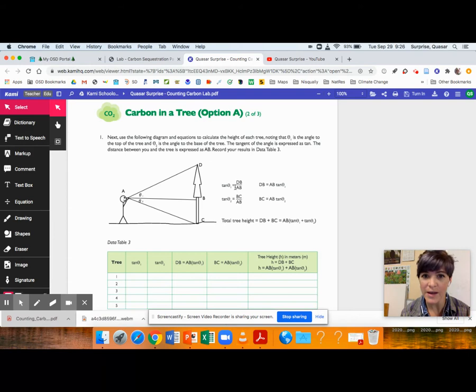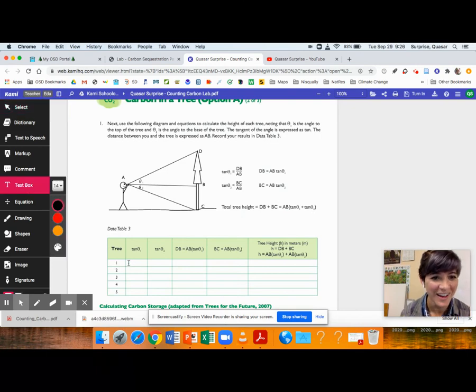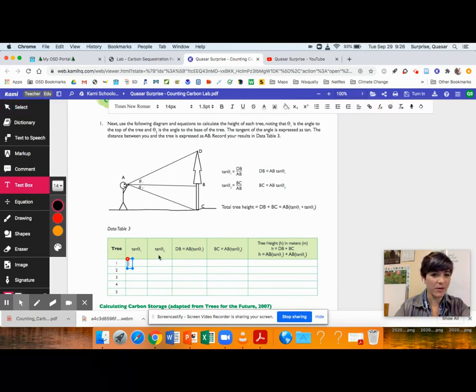We know AB, we don't know dB, and so that is our unknown value. Think about it like the x. So dB equals AB times the tangent of theta 1. Whew, okay, I am not a math teacher. Can you tell? So the angle of theta 1, we remember from my tree, was about 50.